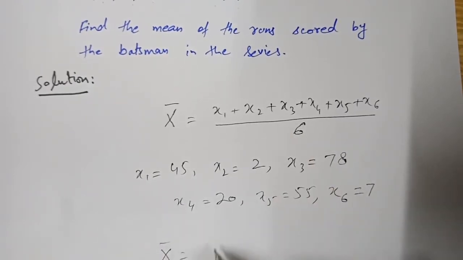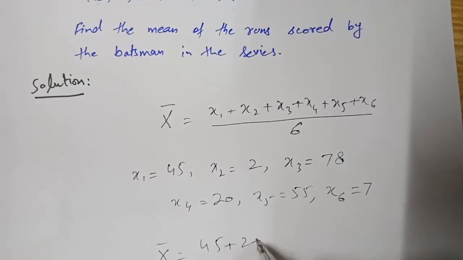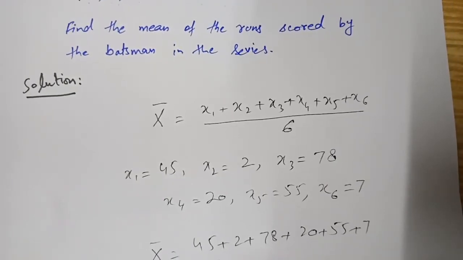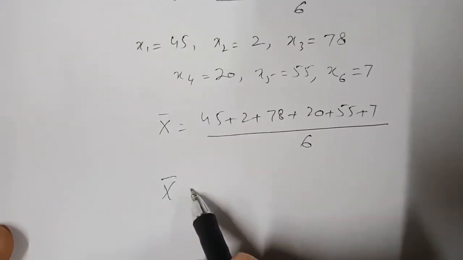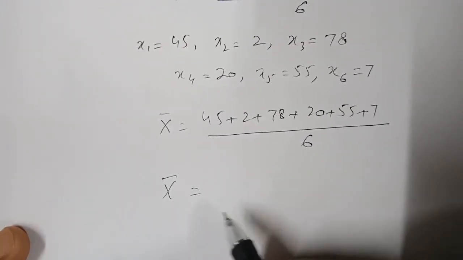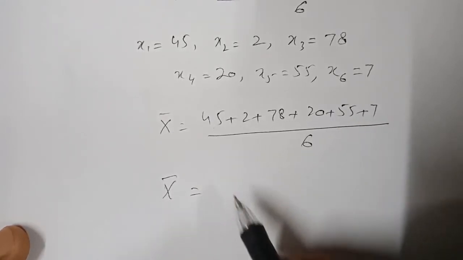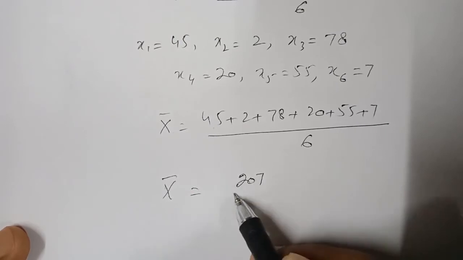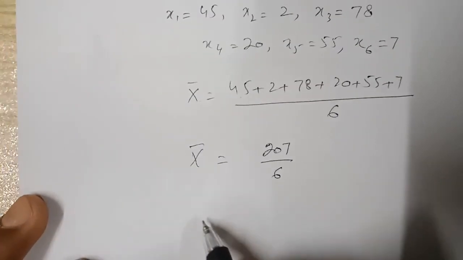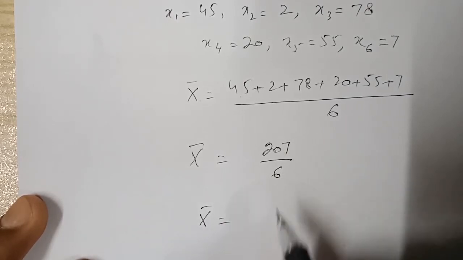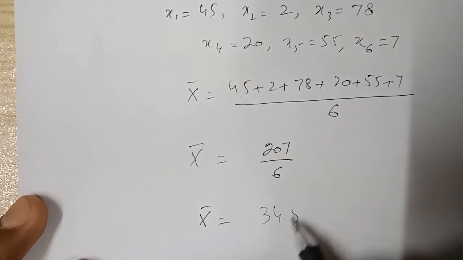So x bar will be equal to 45 plus 2 plus 78 plus 20 plus 55 plus 7 divided by 6. When you add these numbers, it becomes 207 divided by 6. And when you divide 207 by 6, x bar is equal to 34.5.